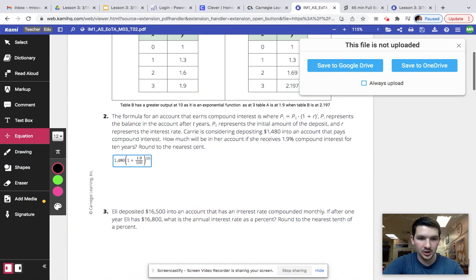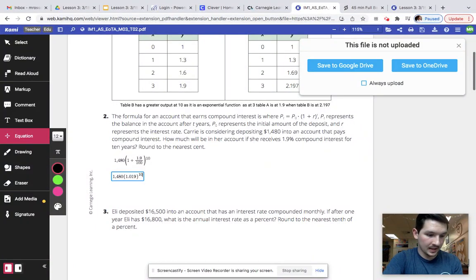And so then you can go through this, right? When you divide by 100, our y-intercept is still the same. 1.9 divided by 100 will end up giving us 0.019, and then add that 1. So we're at 1.019, and then to the power of 10. I will actually use my calculator here, okay?